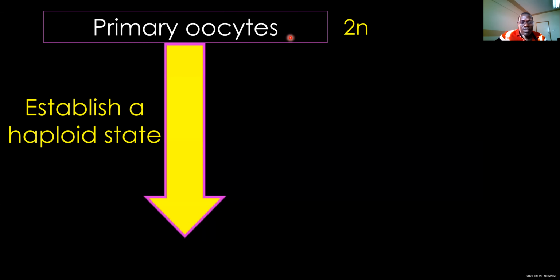So the gametes then need to establish haploidy by undergoing meiosis. So the primary oocytes begin meiosis. And just like in spermatogenesis, meiosis will have two phases, meiosis 1 and meiosis 2.